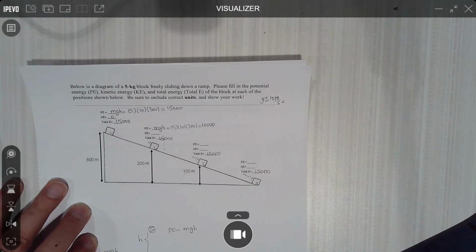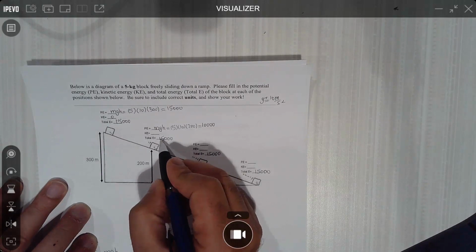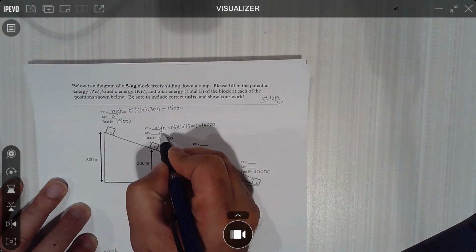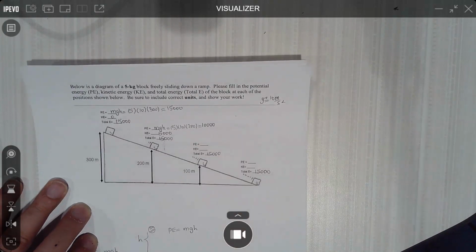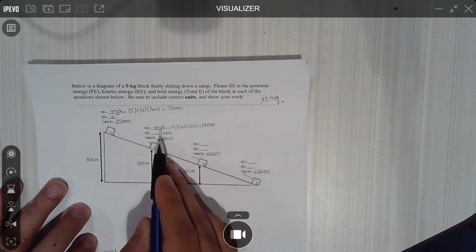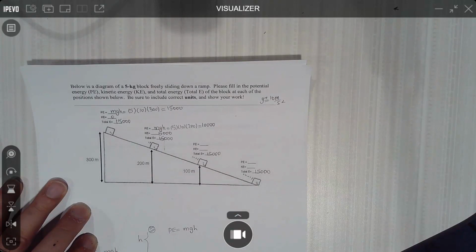Because we know that the total energy is 15,000 and the potential energy is 10,000, the kinetic energy would be 5,000 joules. Or you can subtract potential energy from total energy, which gives you 5,000 joules. Now potential energy plus kinetic energy, 10,000 plus 5,000, is 15,000.